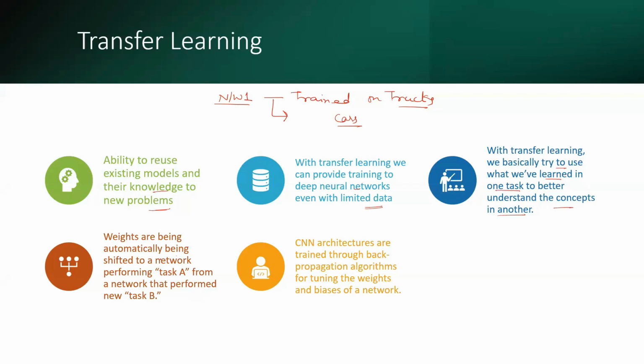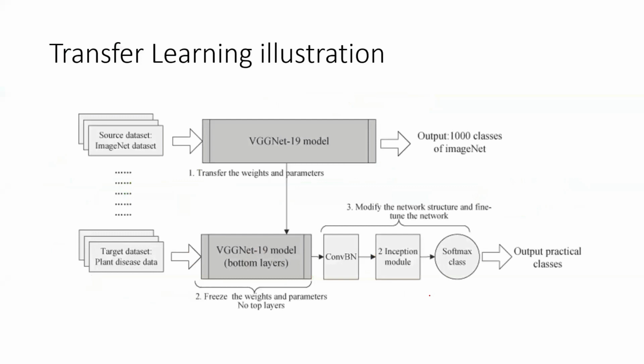Weights are being shifted to a network from task A to task B. That is basically shifting of the task. And these architectures are basically trained through back propagation algorithms for tuning of weights and bias. This is very important. This is not a feed forward network. This is basically back propagation, because you are interested in what was the ground truth and what was the result.